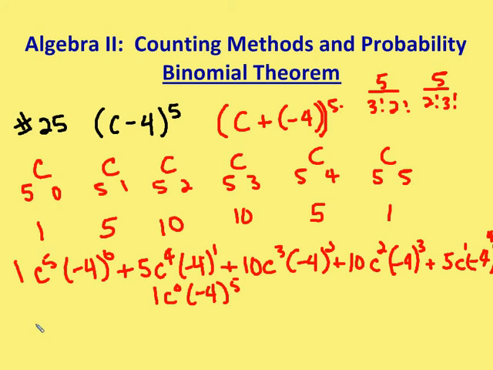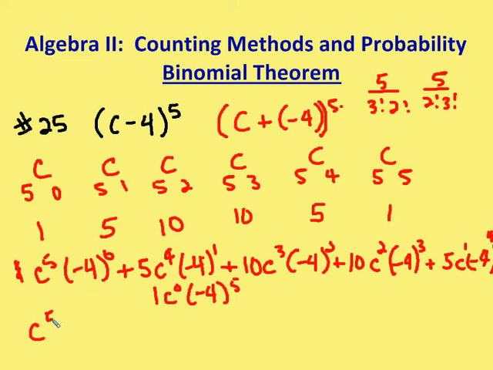Okay, so if I were to rewrite this, I don't need the ones here. I've got c to the 5th, since negative 4 to the 0 is just 1. Plus, in this case we have to be careful because we have a negative 4 to the 1. We're going to end up with a negative value, so we need to change this sign to a negative.